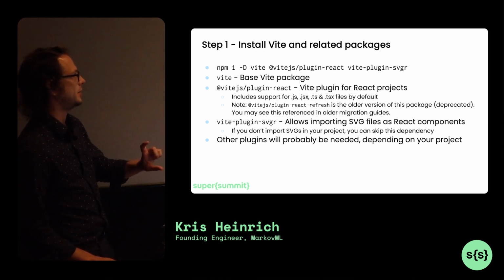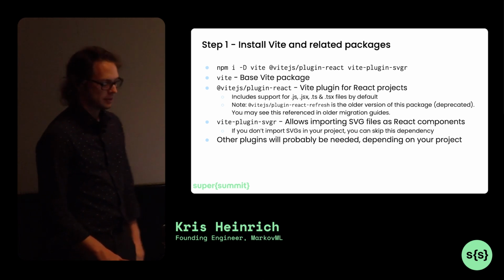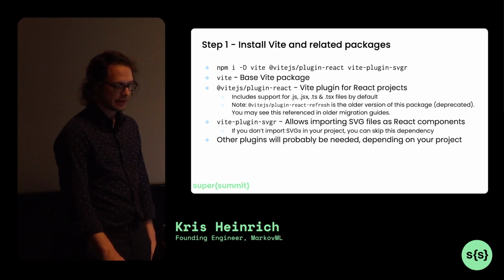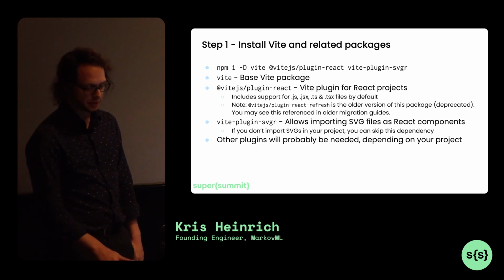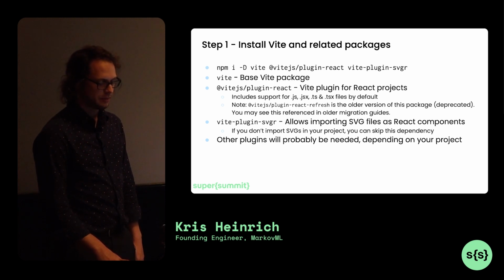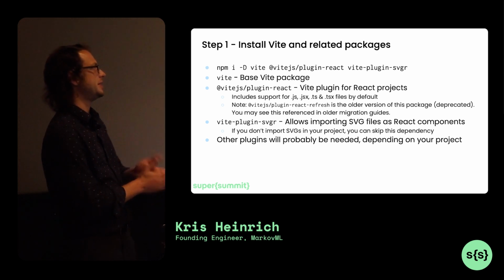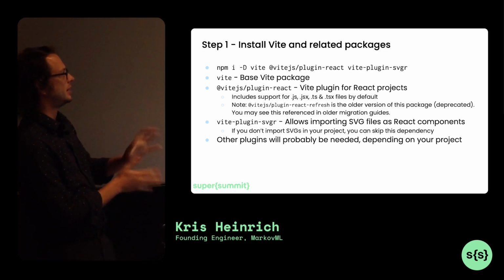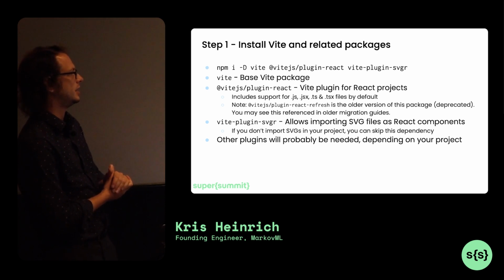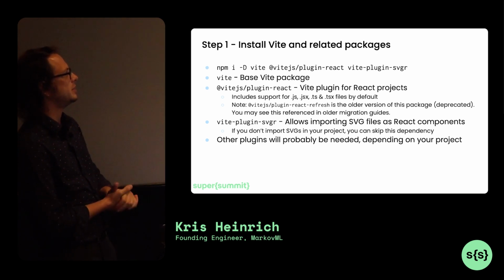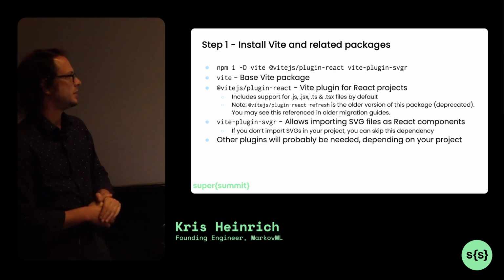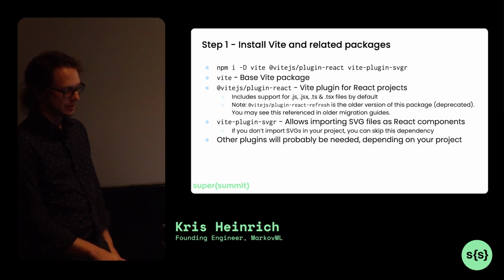It's just plugin React now as the official package. And then again, Vite plugin SVGR allows you to import SVG files as React components. If you don't use SVGs in your project, then you can skip this one. This is just the base plugins and core package that you would expect. Most likely you'll need several additional plugins, depending on, again, what your project dependencies are.